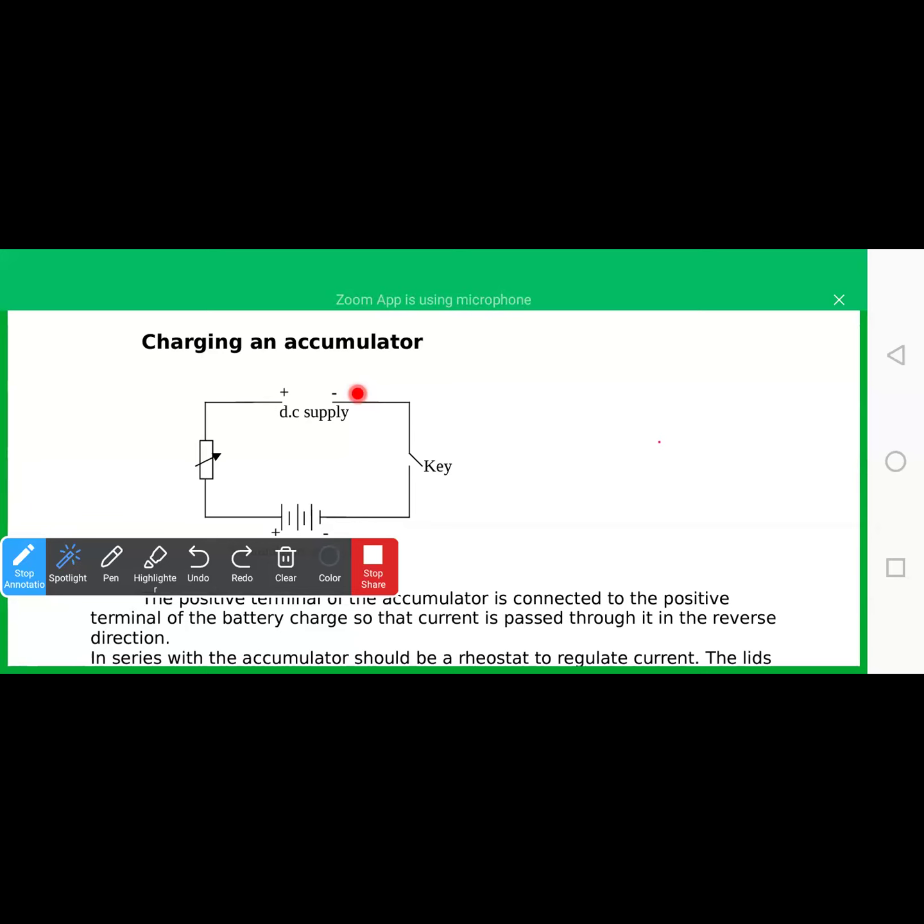Okay. So anode is supposed to be positive. It is cathode that is negative. That okay? Yes, teacher, it's okay.